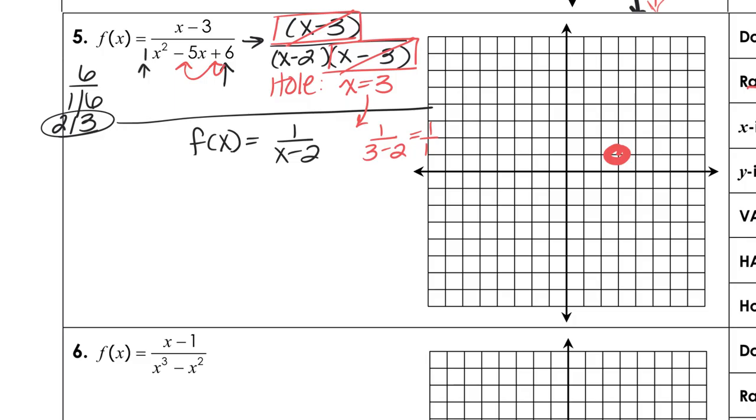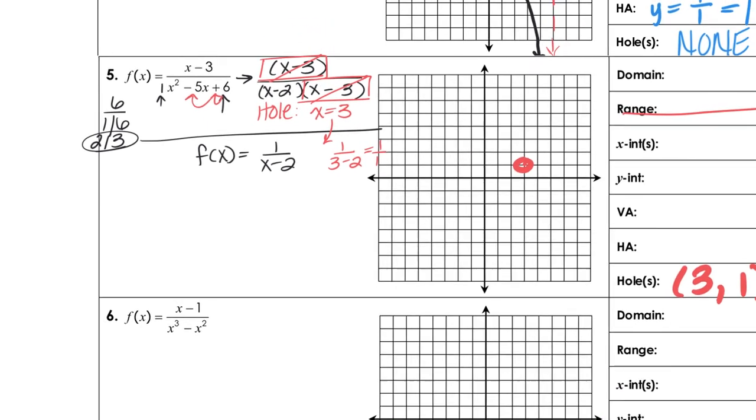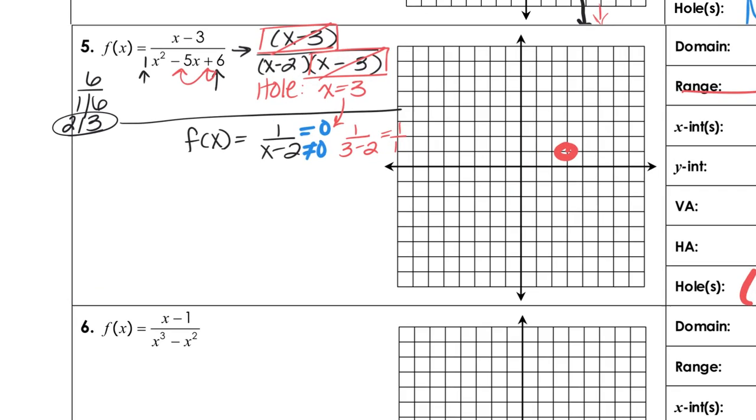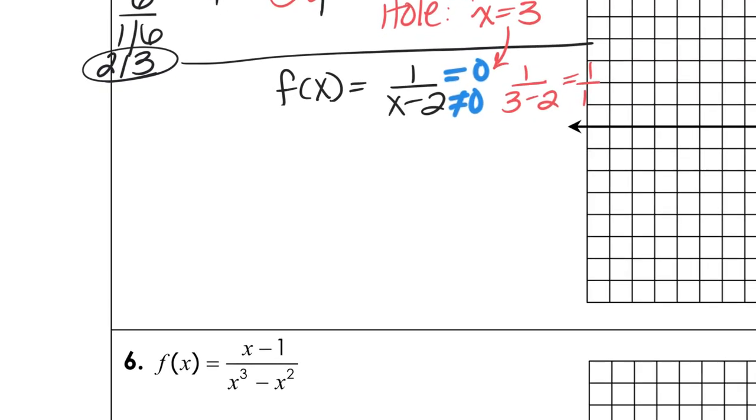Then we start picking off the different key features. I know my numerator is allowed to be 0. My denominator is not allowed to be 0. So start with your x-intercepts first. The top of my fraction is allowed to be 0. The bottom of my fraction is not allowed to be 0.